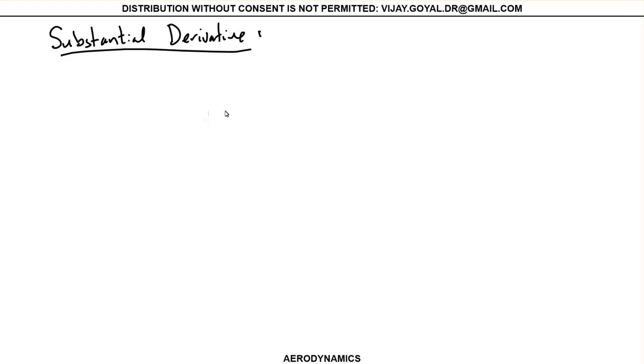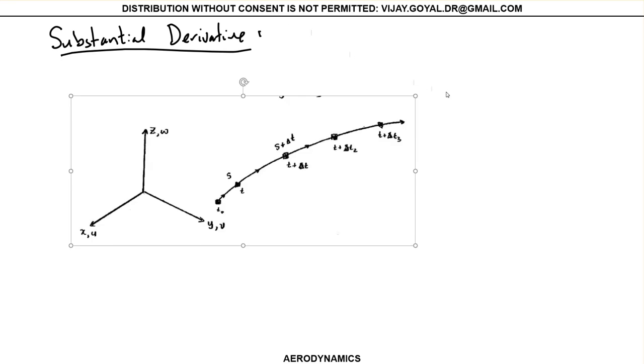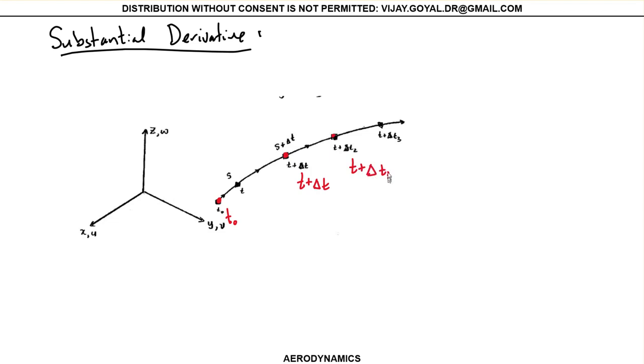So to better understand this, let's consider a fixed coordinate system. We are starting here at t sub 0, and then I have this at t plus delta t, this at t plus delta t2, and so on and so forth.